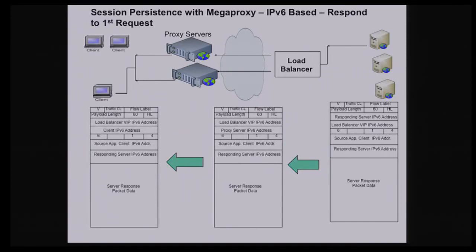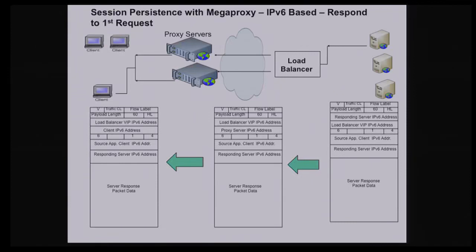And when the packet is returned by the server, it is going to write its own V6 address. And remember, in most service providers, we are going to use globally routable V6 addresses for the servers. It will put that into this LBSP option and send it back to the load balancer.